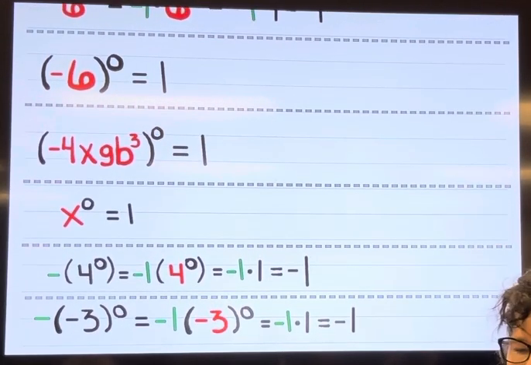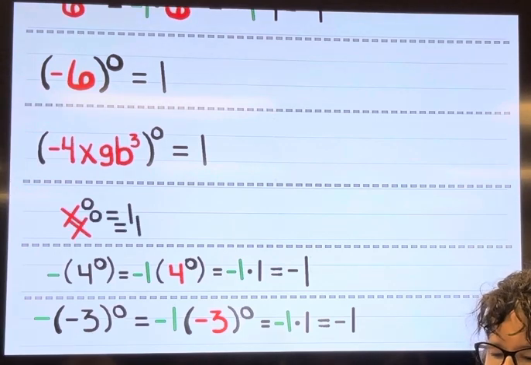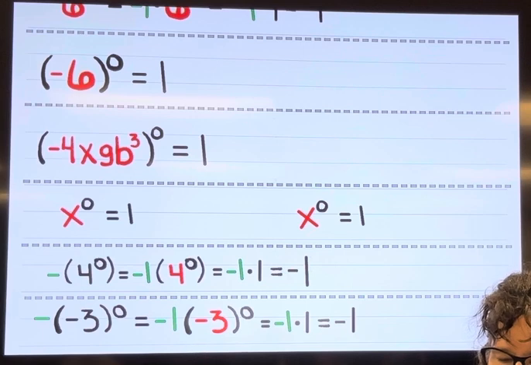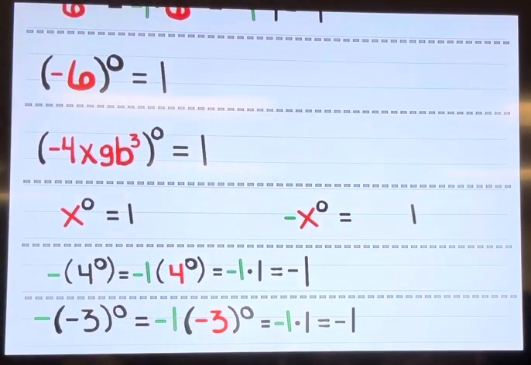And then I'm just going to come back up here and do one extra problem. If this one, let's say, would have been -x to the 0, then this would have been -1 multiplied by x to the 0.